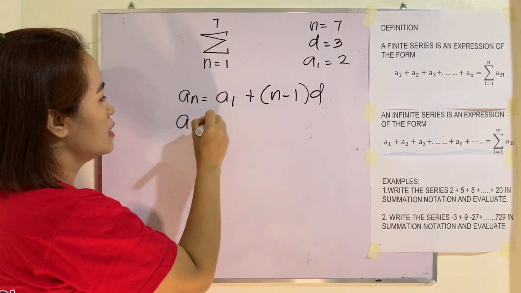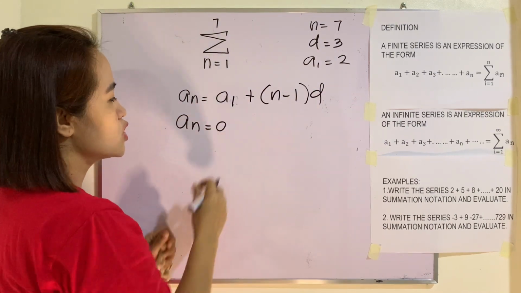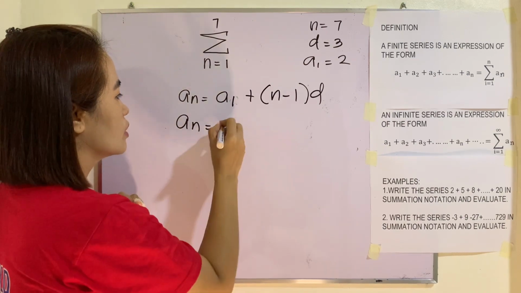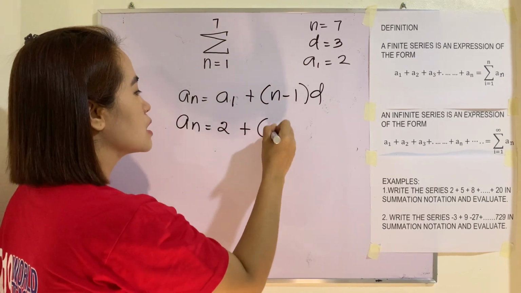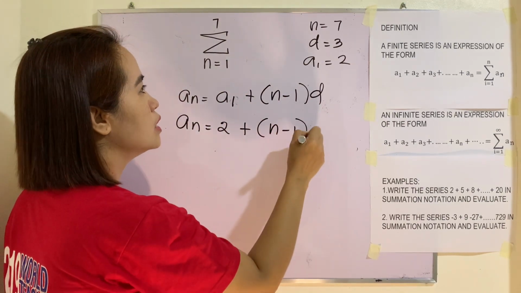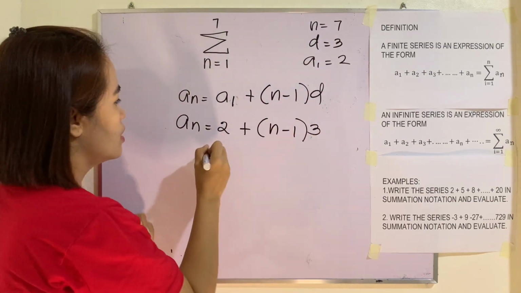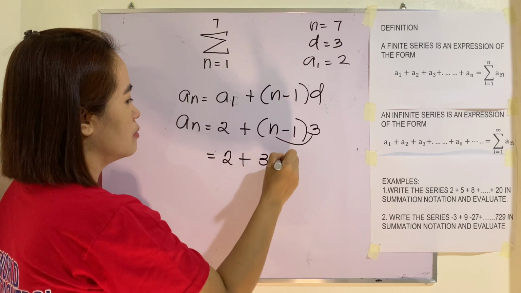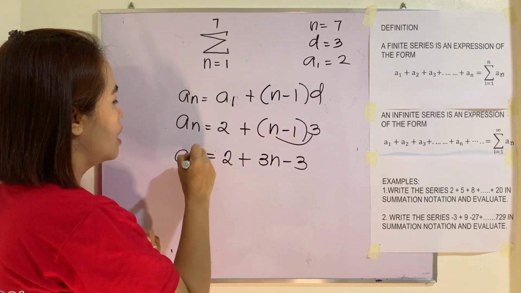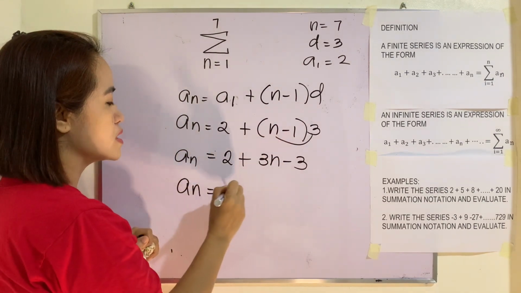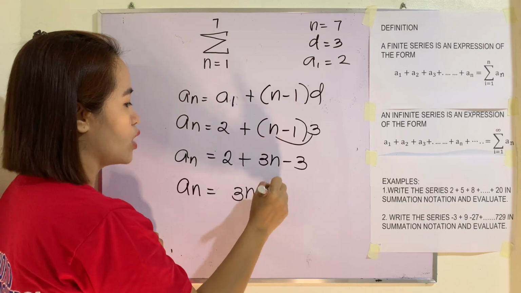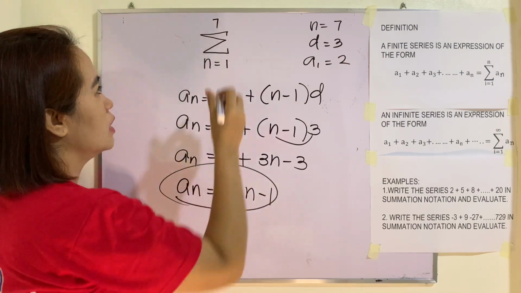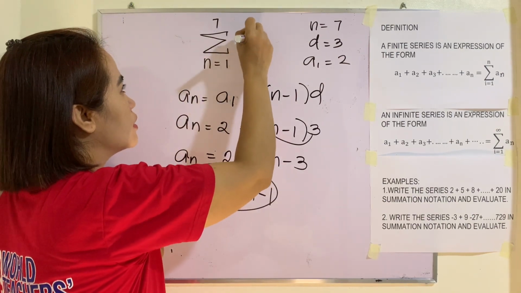So a sub n is equal to a sub 1, which is 2, plus n minus 1 times 3. So we have 2 plus 3n minus 3. Our a sub n now is equal to 3n minus 1. So we will be using it here.